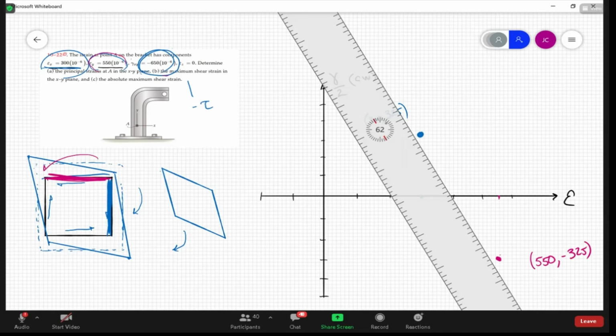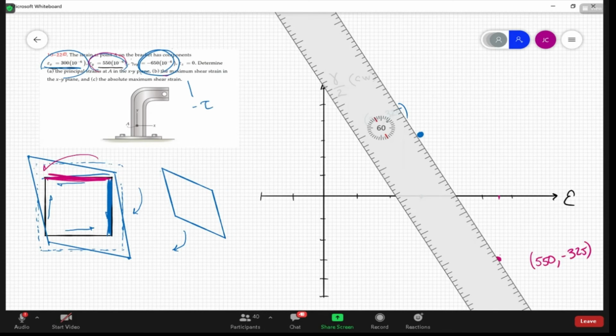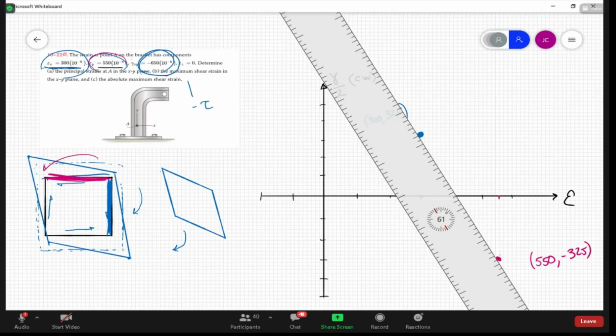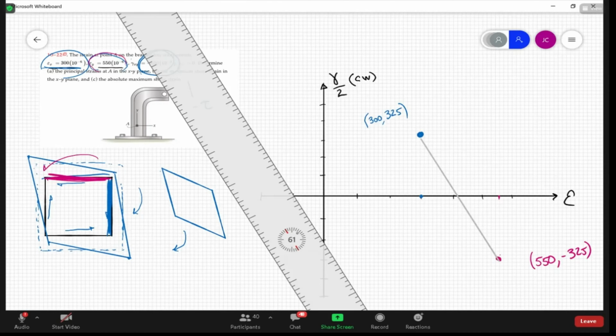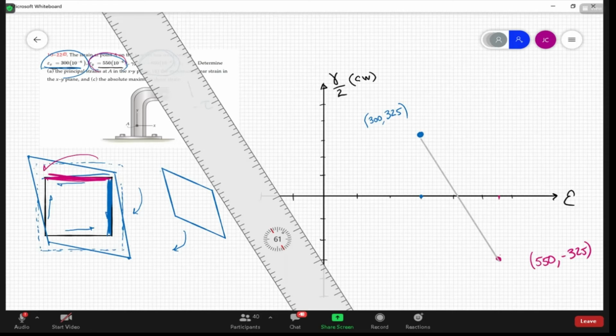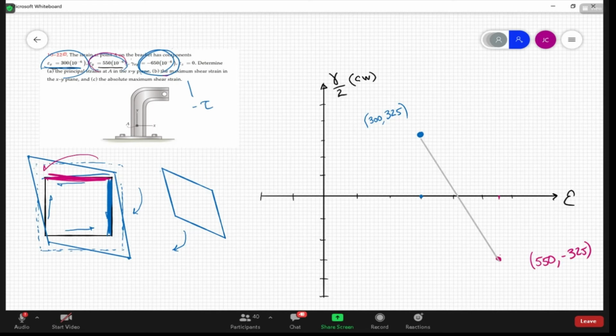And now we can draw the radius of the circle. It's going to look something like this. And maybe try to draw this circle. Looks like we'll be up about there, here.